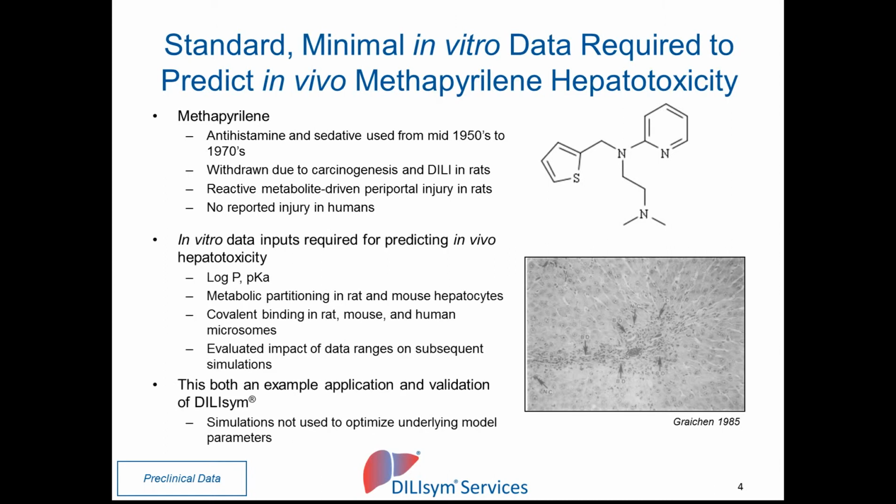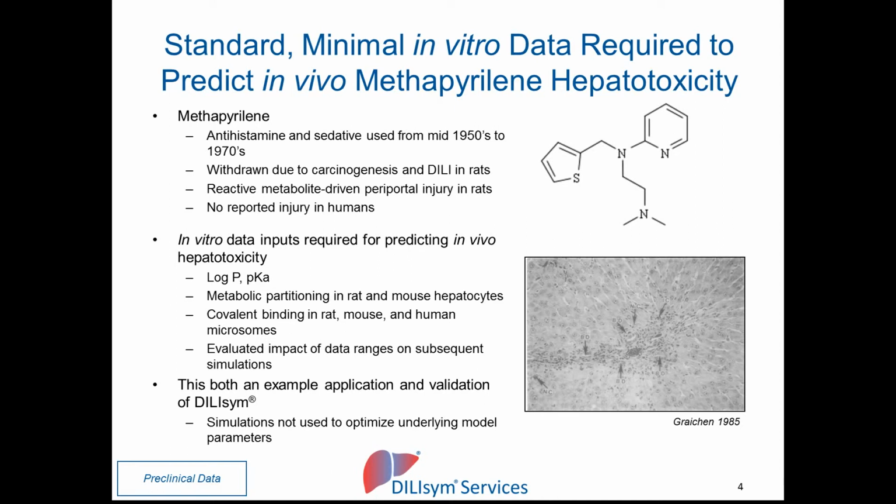So we undertook this simulation application project really using exclusively in vitro data, and then making predictions of in vivo hepatotoxicity. For the physiologically based pharmacokinetic modeling to predict hepatic exposure, we used log P and pKa, so physical chemical properties of the compounds.